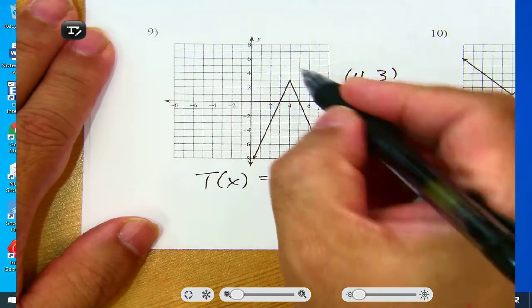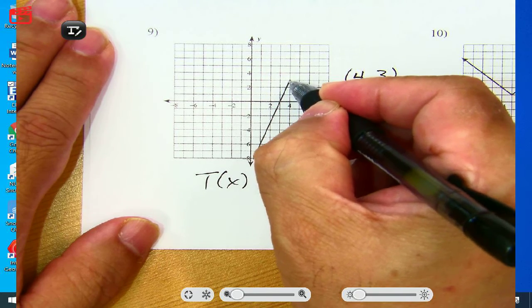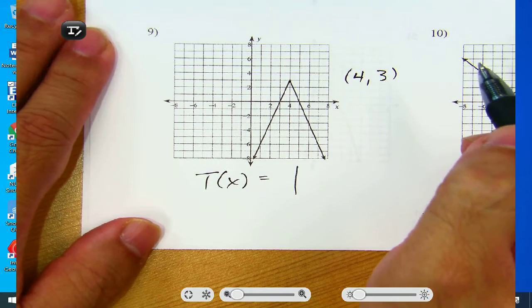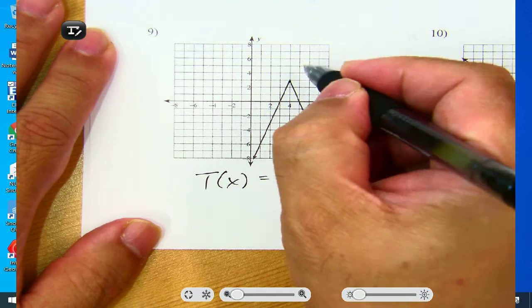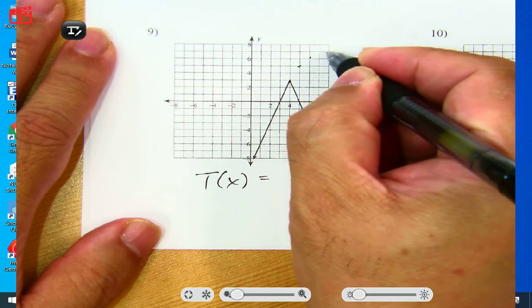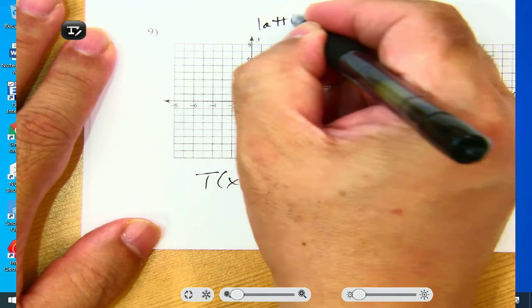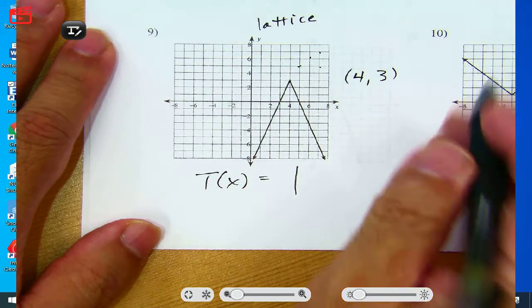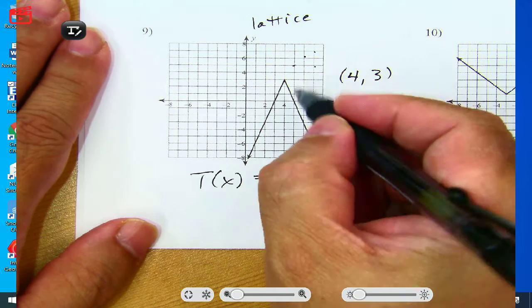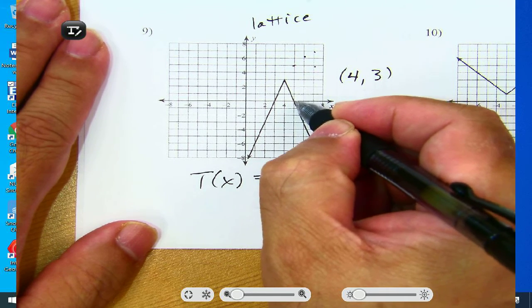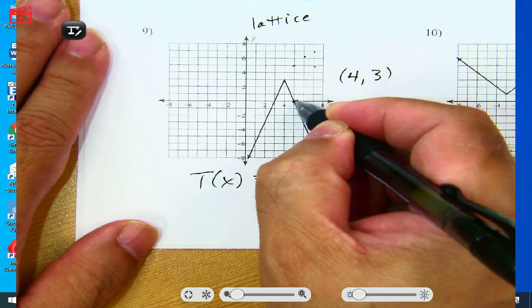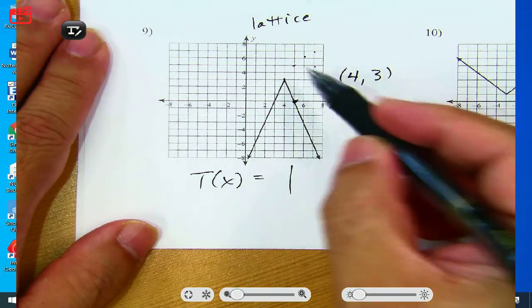Here's what you do. You look at the vertex, and do you guys know what a lattice point is? Lattice points are these points, right? Lattice, L-A-T-T-I-C-E. So here, the line goes through this lattice point and this lattice point. So look at the slope.